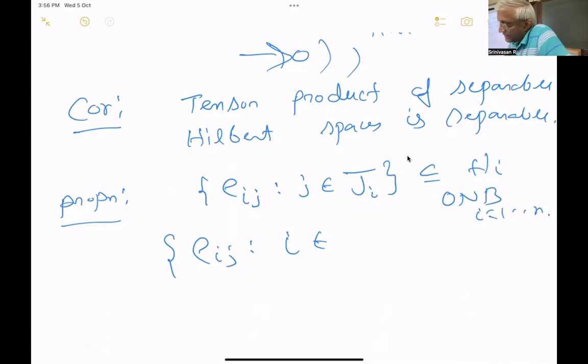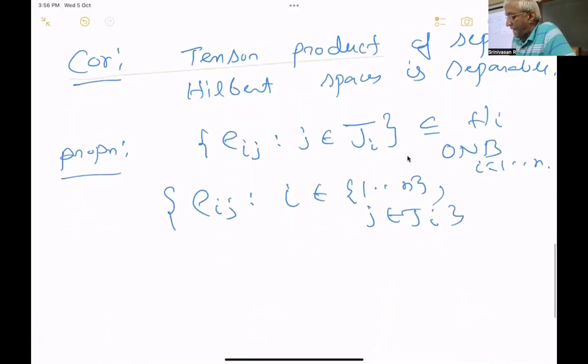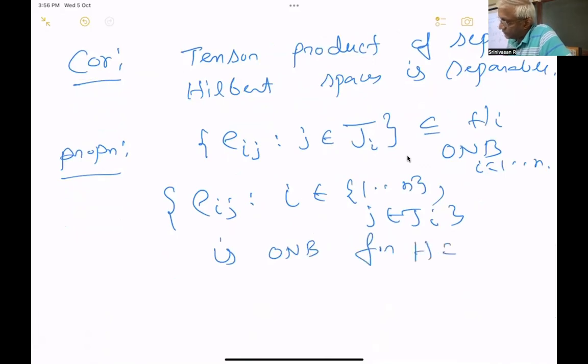Okay, i equal to 1 to n, and j is in Ji, is an orthonormal basis for the Hilbert space H equal to H1 tensor up to Hn. These are all very natural things that you will expect.